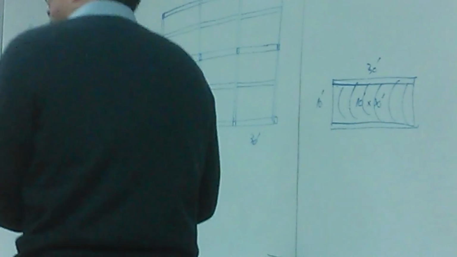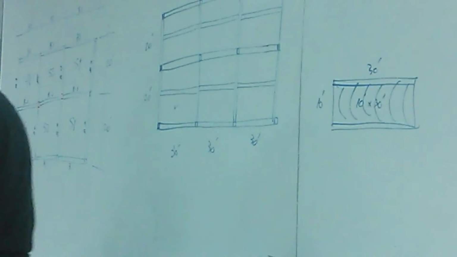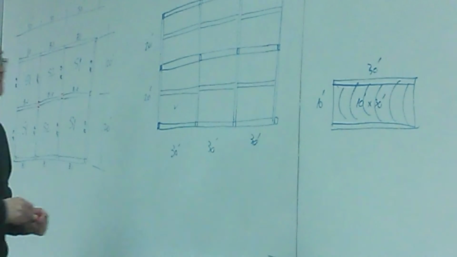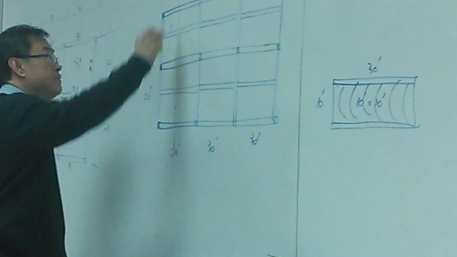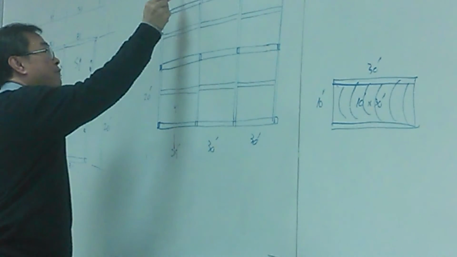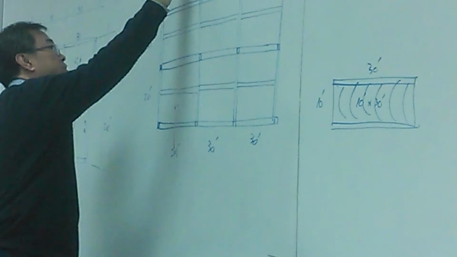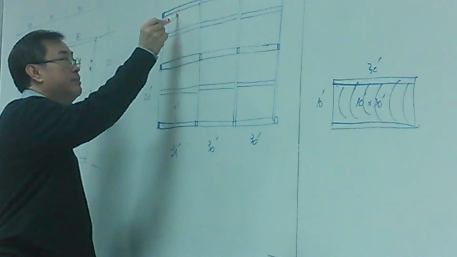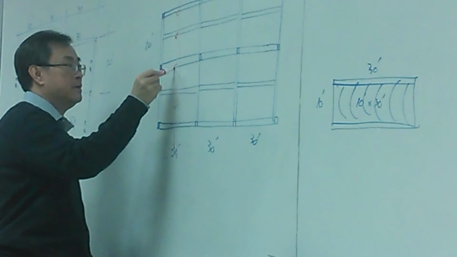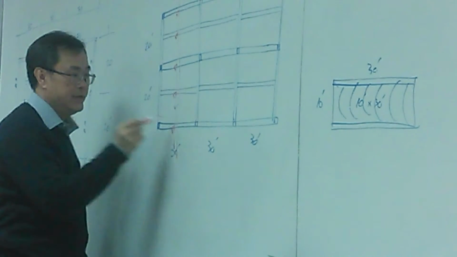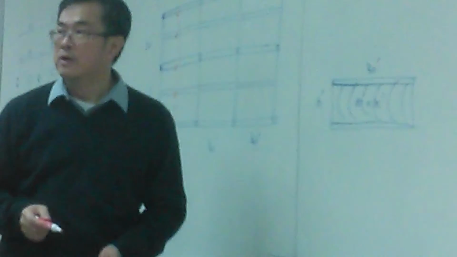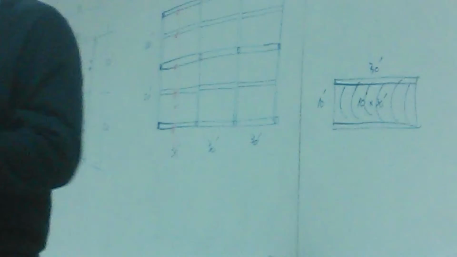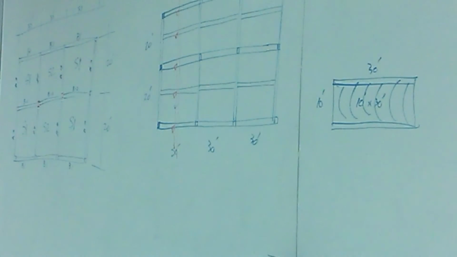Okay? So if I cut a 1 foot strip, 12 inches, that 1 foot will be supported here, here, here, here, and here. And that will be a 1 foot width slab.